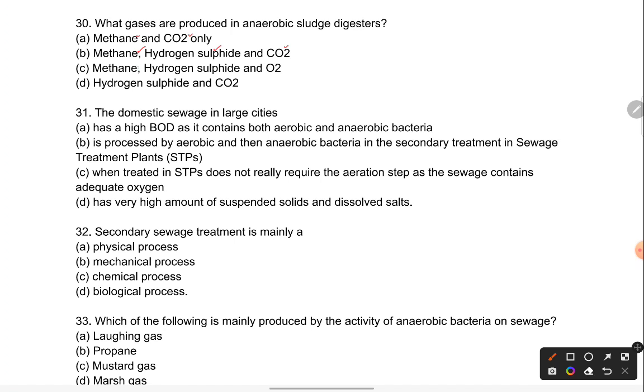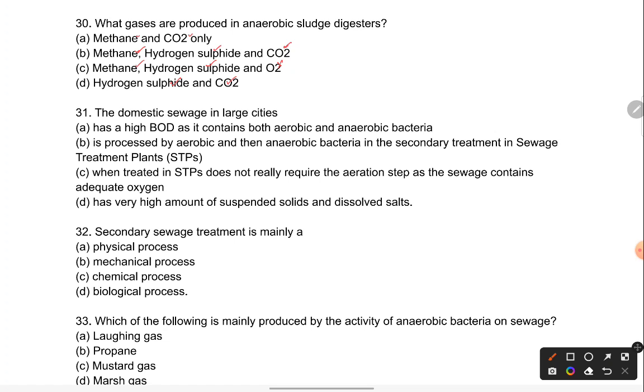Then the third option, methane, hydrogen sulfide, not oxygen. The last option is also correct, hydrogen sulfide, carbon dioxide. So what all gases are produced during that process? Three gases are produced: methane, hydrogen sulfide and carbon dioxide. So the more correct option is Option B. Okay. Then question number 31.